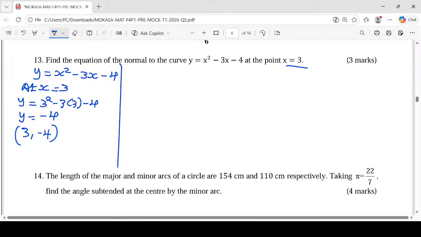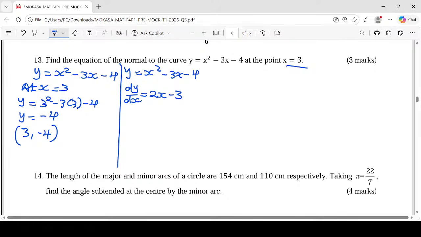After getting the coordinate value of that point, let's now look at the question. Find the equation of the normal to the curve. So when you have the curve y is equal to x squared minus 3x minus 4, let's compute the gradient function of the curve. That's our dy dx. You differentiate, this will be 2x minus 3.